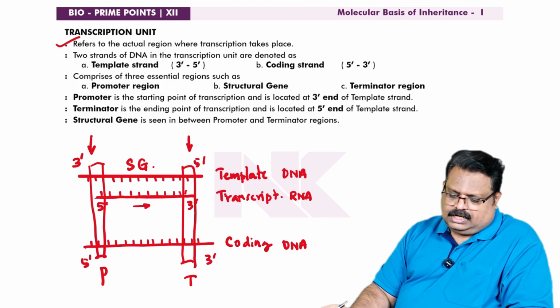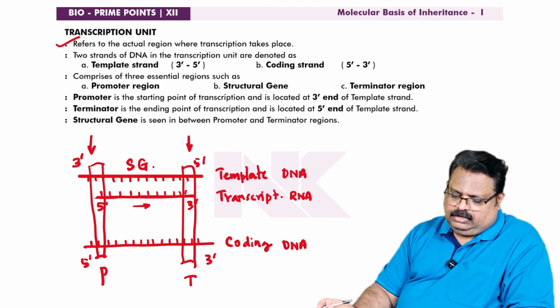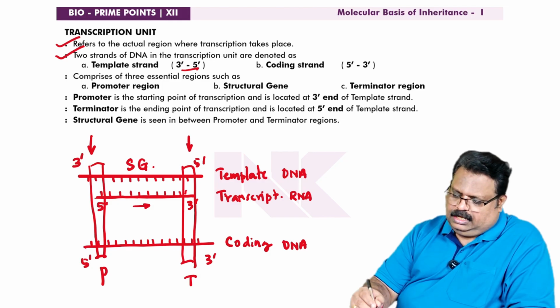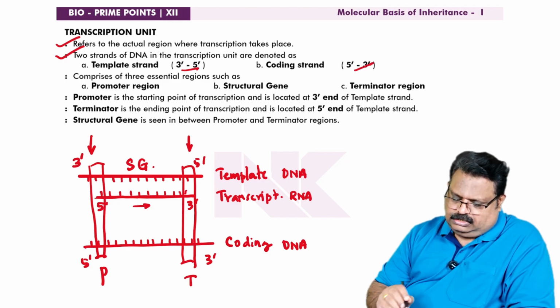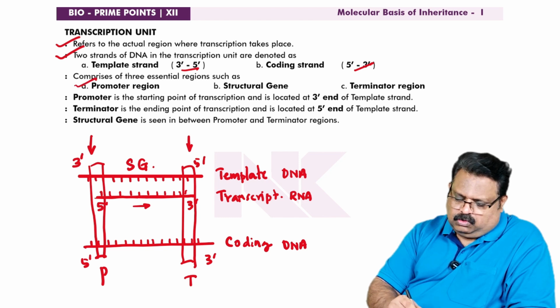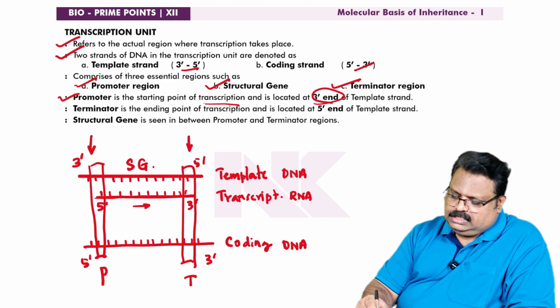So the two strands of DNA in the transcription unit are denoted as the template strand, which is 3', 5' in orientation, and the coding strand, which is 5', 3' in orientation. It comprises three essential regions: promoter region, structural gene and terminator region. Promoter is the starting point of transcription, located at the 3' end of the template.